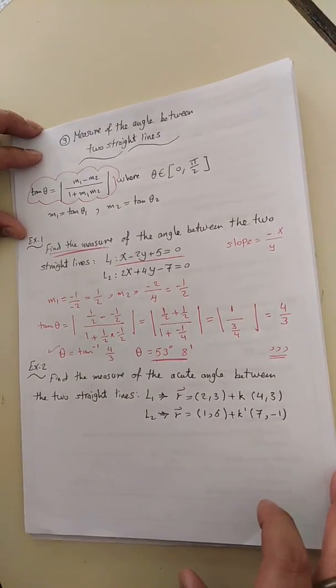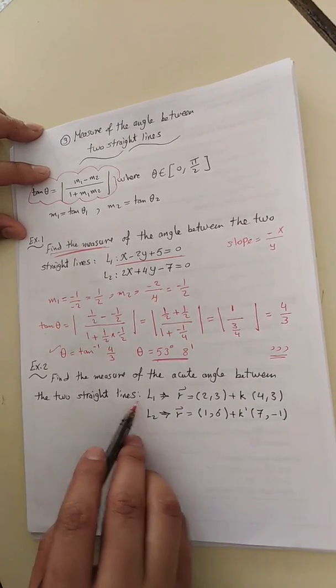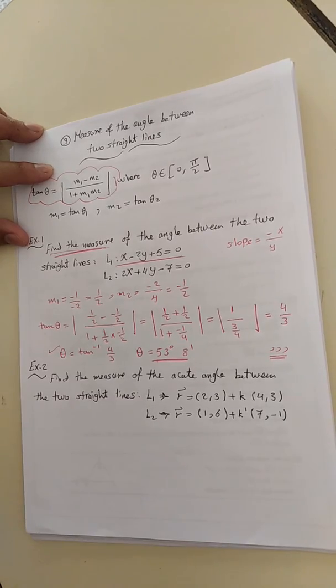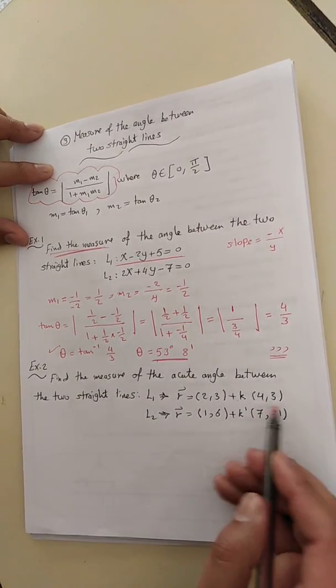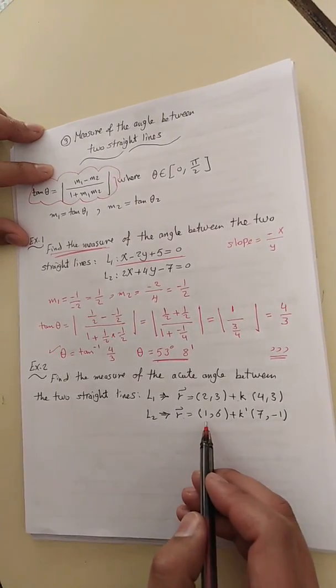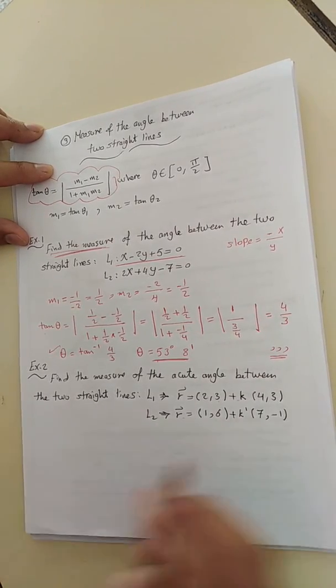The second question: find the measure of the acute angle between the two straight lines, L1 in vector equation form, (2, 3) plus k (4, 3), and the second, (1, 6) plus k' (7, negative 7).